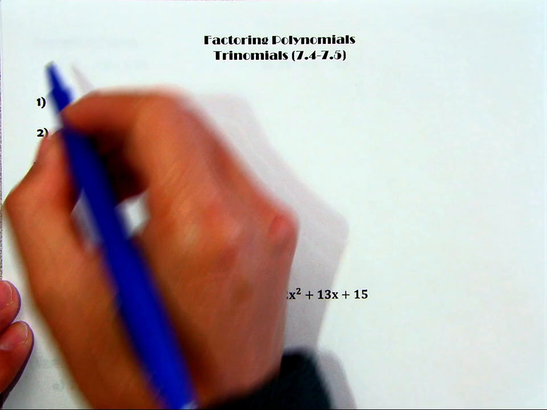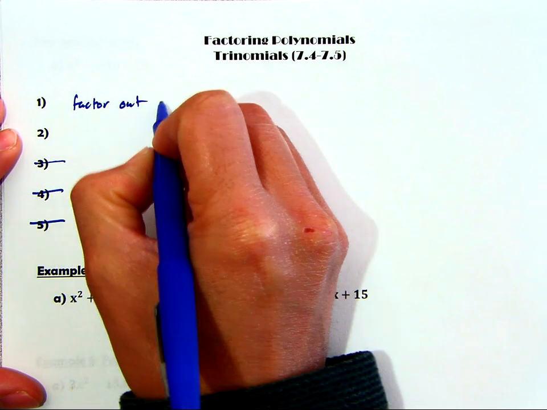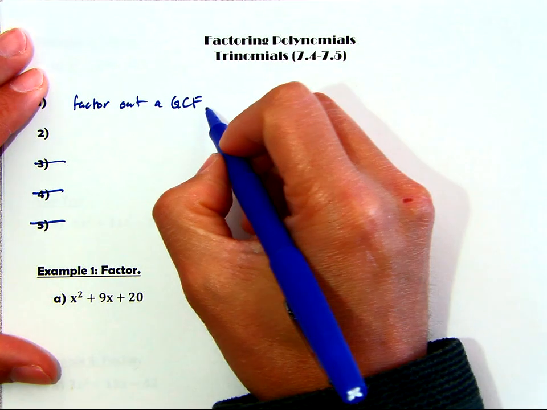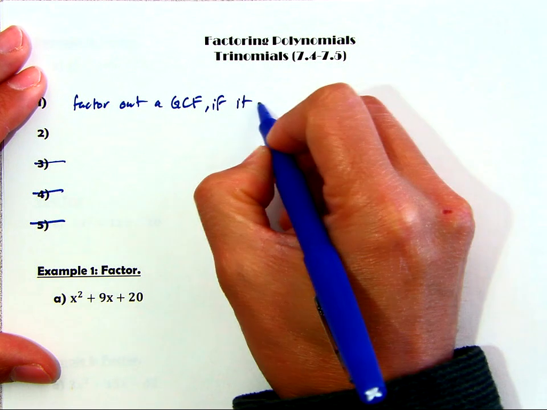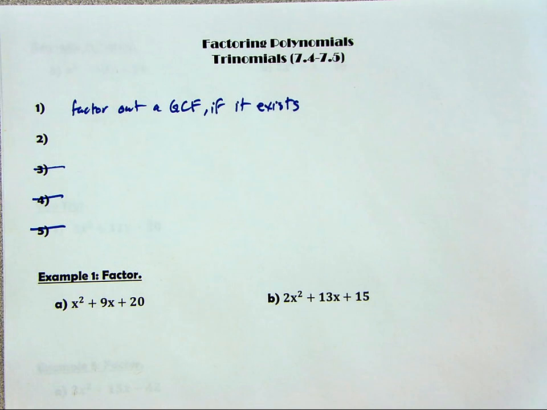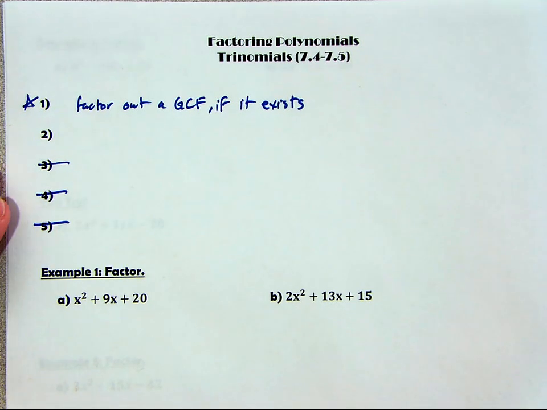Step number 1, you're going to factor out a GCF, a greatest common factor, if it exists. Not every polynomial is going to have a greatest common factor, so this is an optional step. You may or may not need to do it.